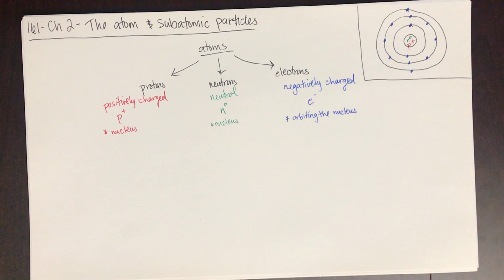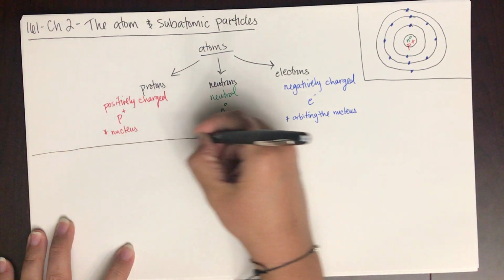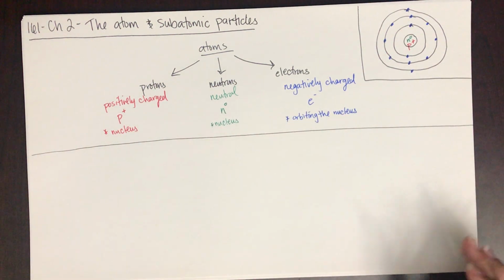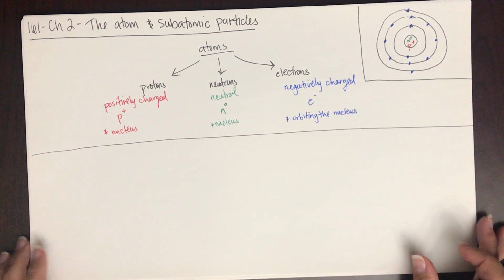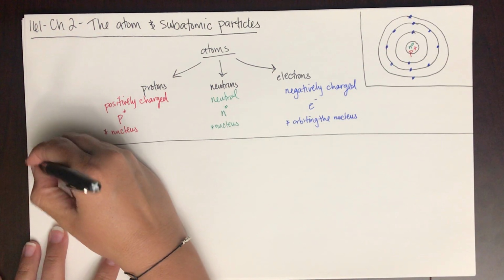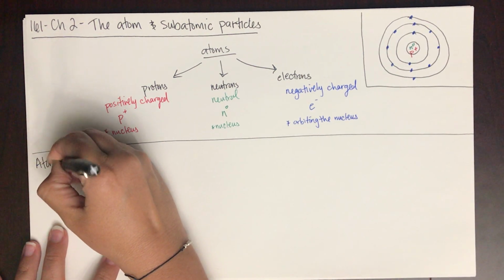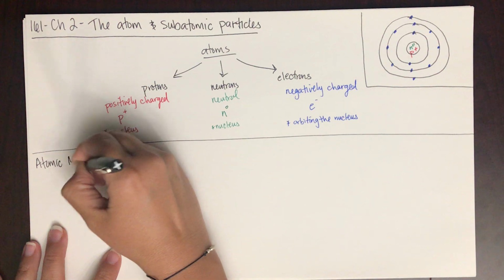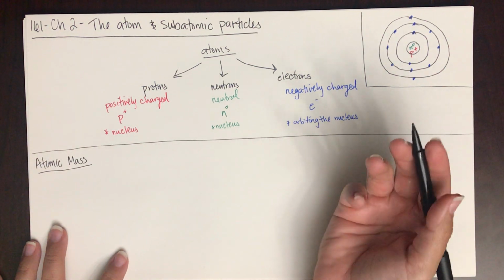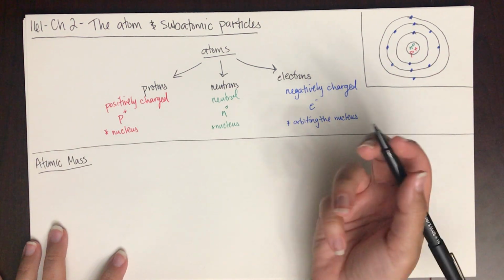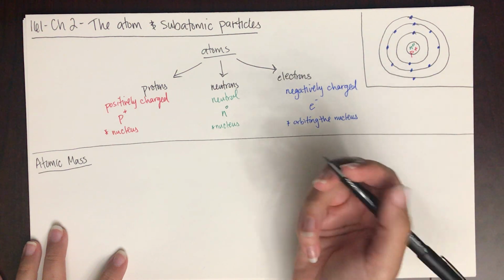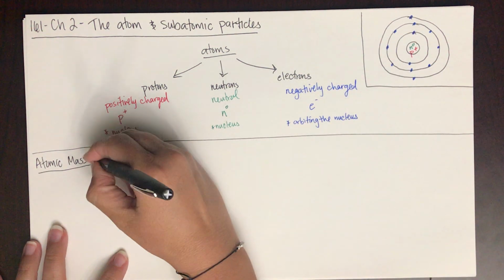So let's talk about what these subatomic particles mean when we are talking about an atom. One really important characteristic of an atom is its atomic mass. The atomic mass is just the mass of the atom. The atomic mass of an atom is the sum of the protons and neutrons.